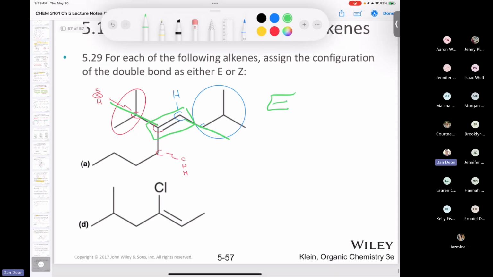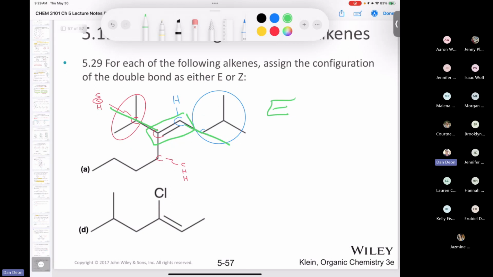Okay, let's try the next one. We'll see if we can get some redemption on this one. I'll highlight this carbon in red. We'll highlight this carbon in blue. If I look at the carbon in red, what's going to take precedence? I've got a chlorine and a carbon. Which one has a higher atomic number? Good. It's the chlorine.